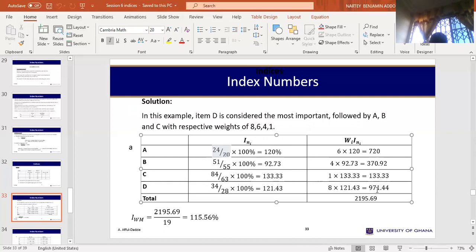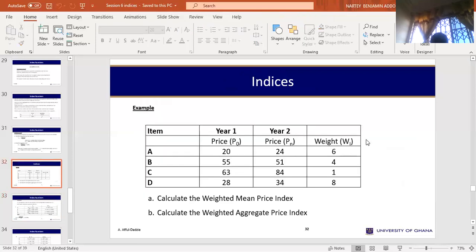So when we sum this up, it gives us 2,195. So what is the total weight? You see, the total weight is 19: 8 plus 6 plus 4, that's 10, 11, 19.